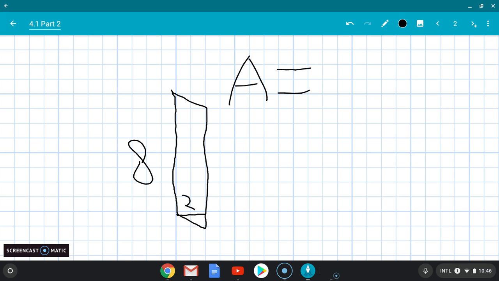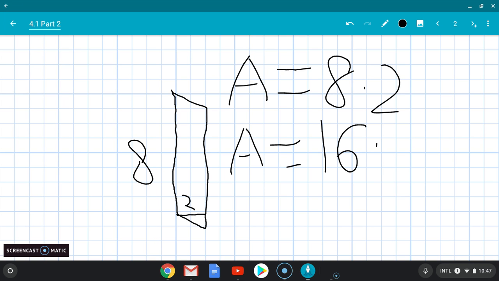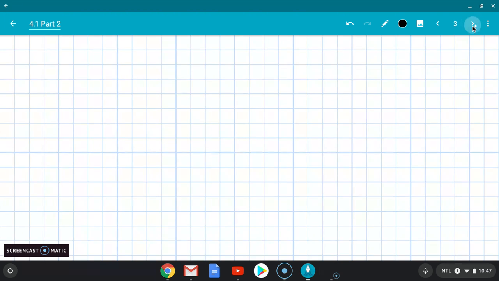In this case, area equals 8 times 2, and we're going to get an area of 16 units squared. You should be very comfortable with this. It's the same formula we were using yesterday. It's just that now you have to count to figure out how long those two measures are, the base and the height.